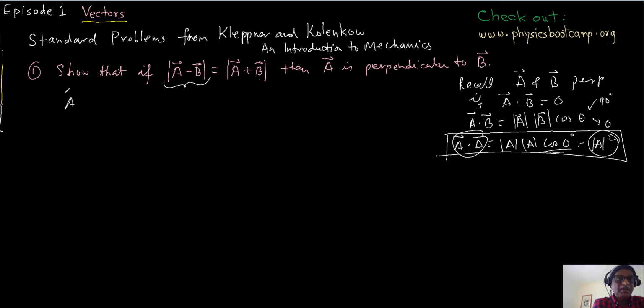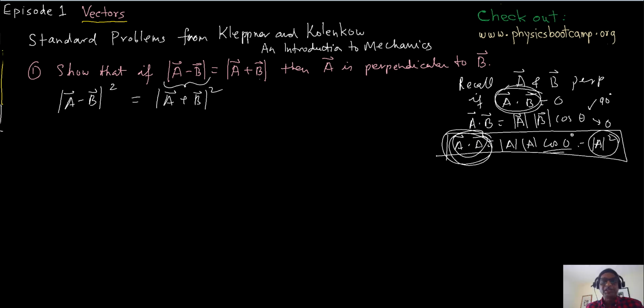So A minus B squared must equal A plus B squared. On each side, we can just try to expand it, because I'm trying to figure out where I'm going to get A dot B. So this side should just become A minus B, which is some vector, dotted into itself.